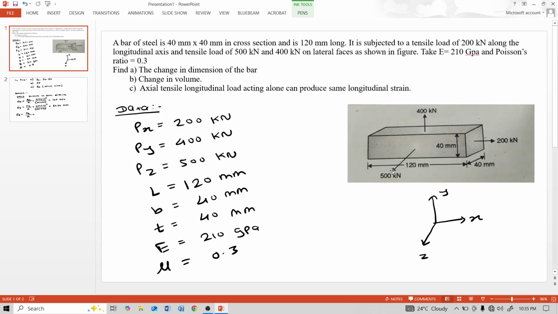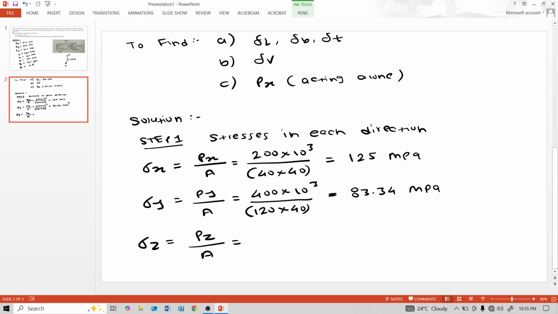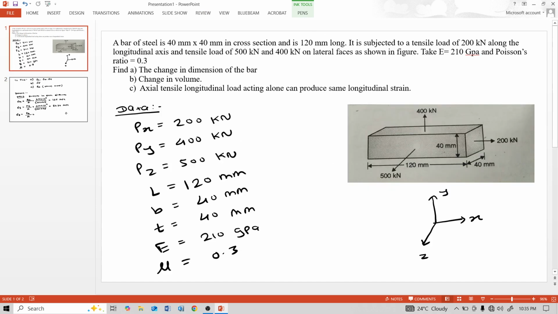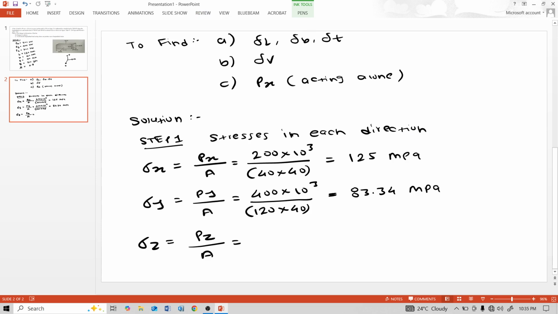Load in Z direction is 500 kilonewton and the cross-sectional area is this 120 length and 40 mm thickness. 500 into 10 raised to 3 divided by 120 into 40 gives 104.17 MPa.